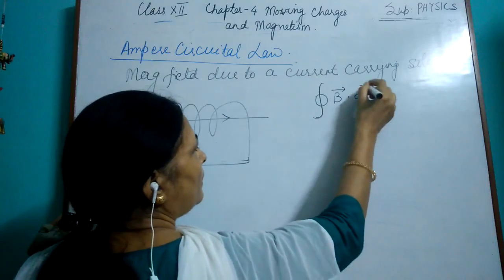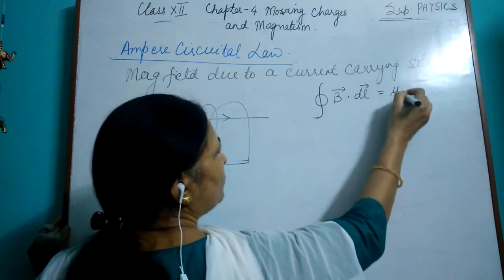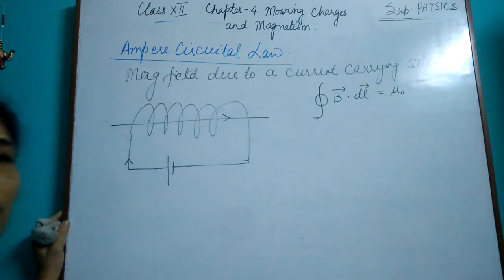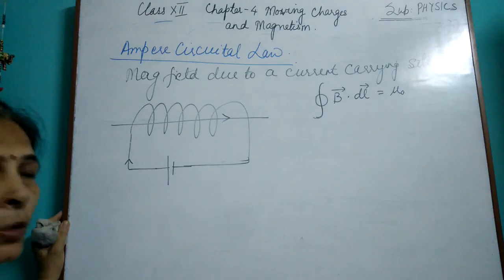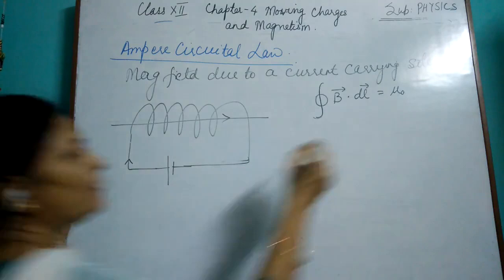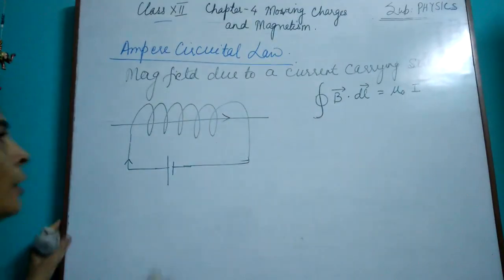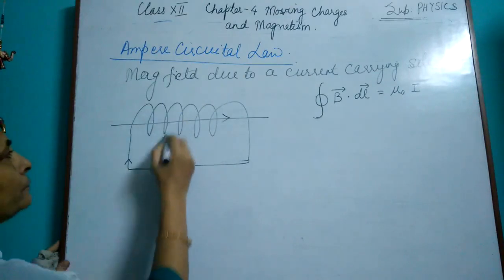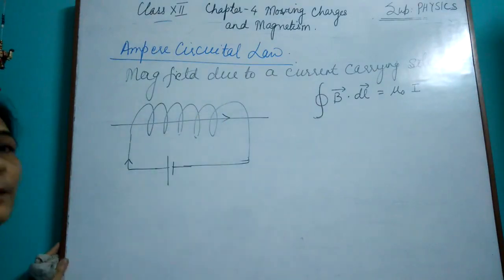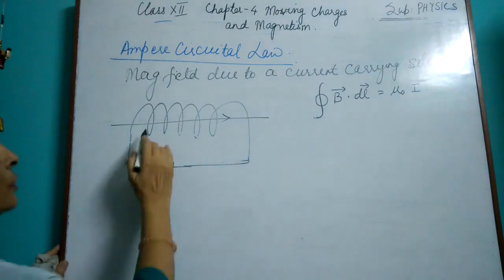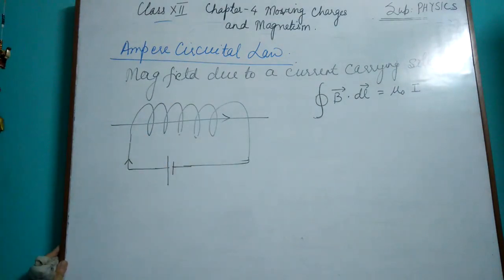Integral B·dl is equals to mu naught, the total current passing through the circuit or through the Amperian loop. First I draw the Amperian loop. So the current is I. Now here you can see it is not one loop. There are many loops. So magnetic field will add up according to number of turns. So number of turns has to be taken into consideration.